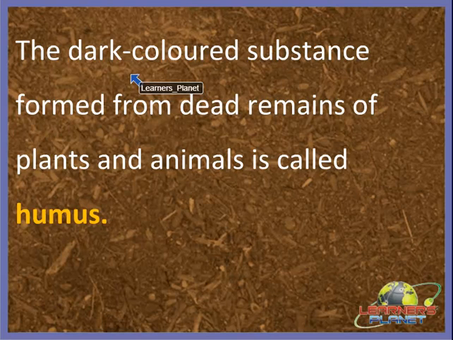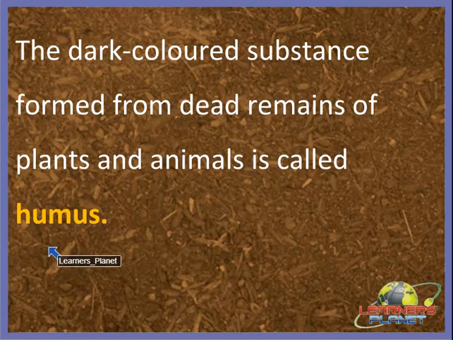Yes, the dark colored substance formed from dead remains of plants and animals is called humus. So children, as we studied, topsoil is very fertile because it is rich in humus.